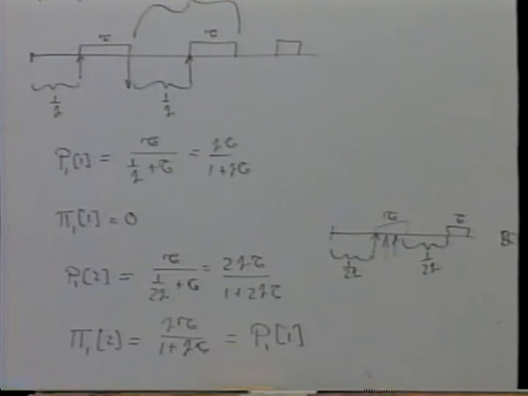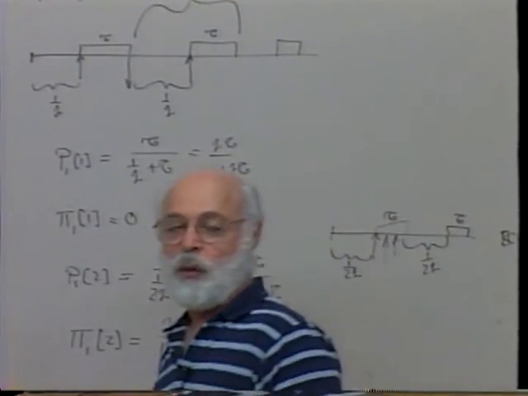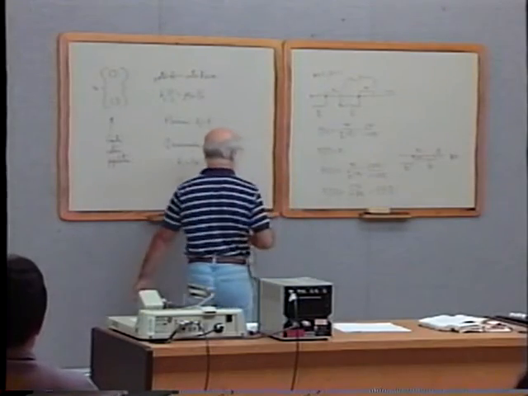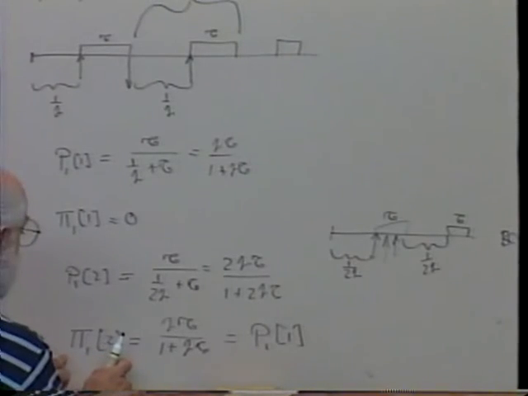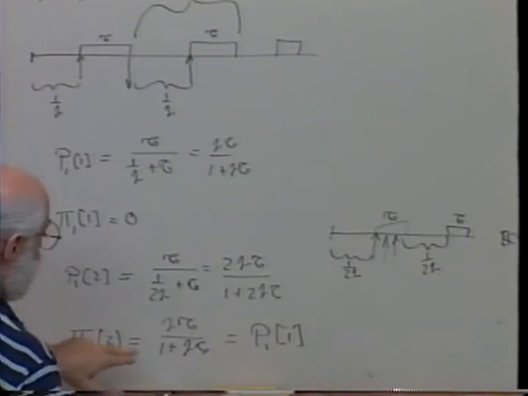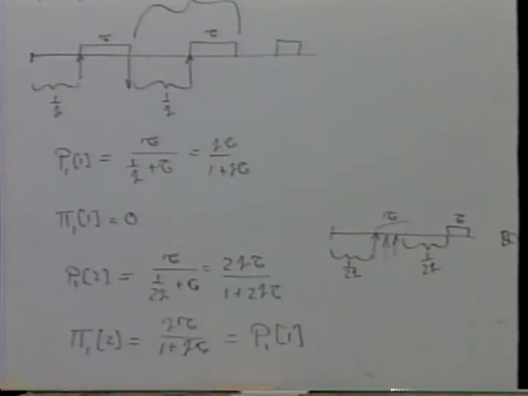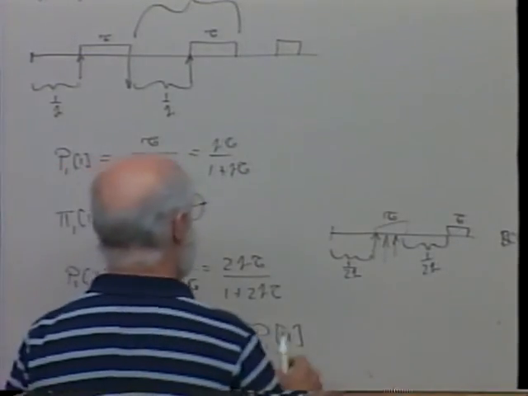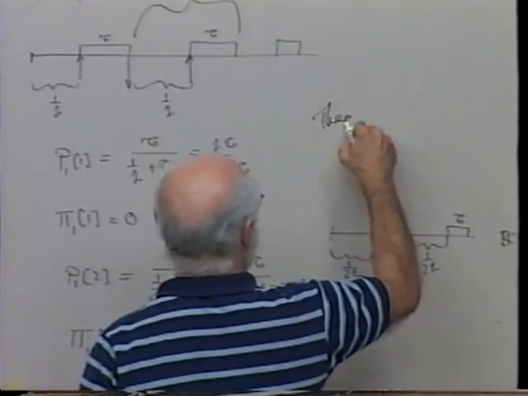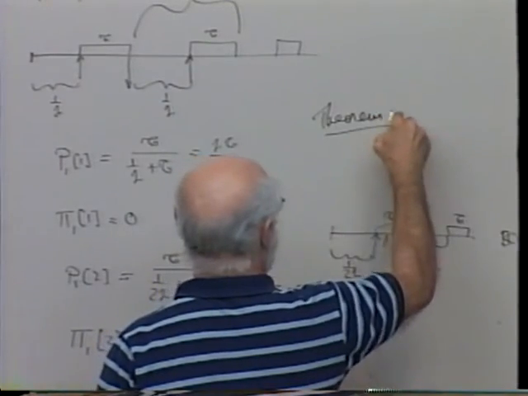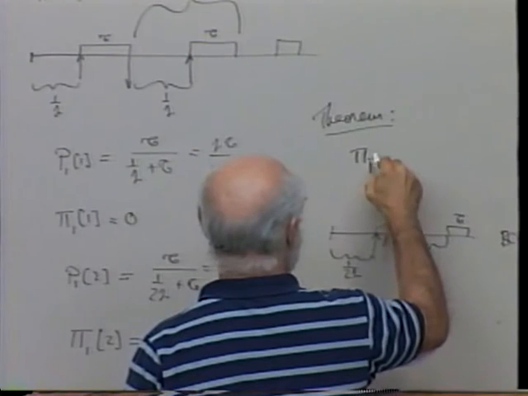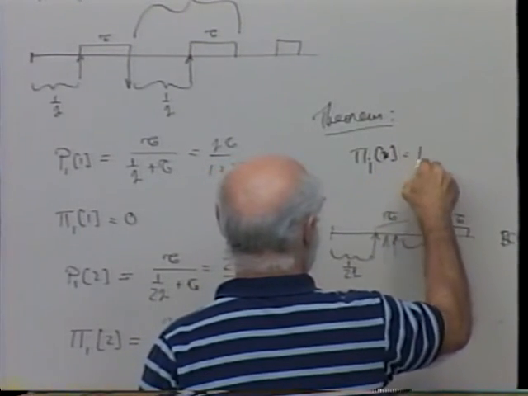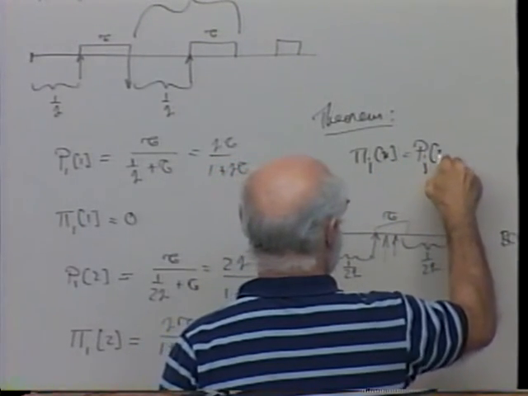Okay, so now the final statement, which I will discuss next time if you want or not, is that I proved right here that pi 1 of 2 is equal to p1 of 1. It can be shown in general, theorem, this is in the book, that in general, if I have quasi-random input, pi j of n is equal to pj of n minus 1.